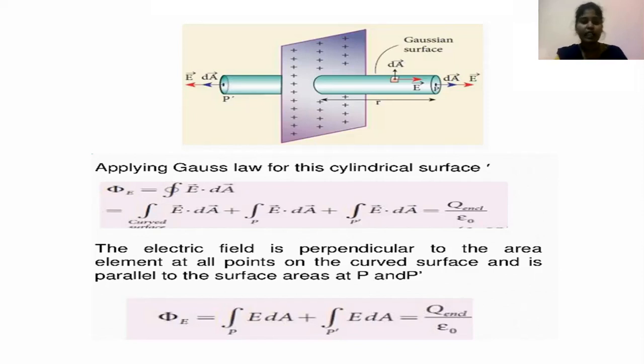So the integral of E dA plus the integral of E dA. E I can also write outside the integral, so 2E times the integral of dA.